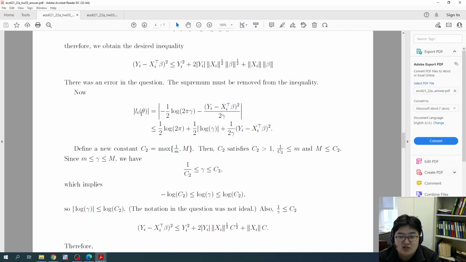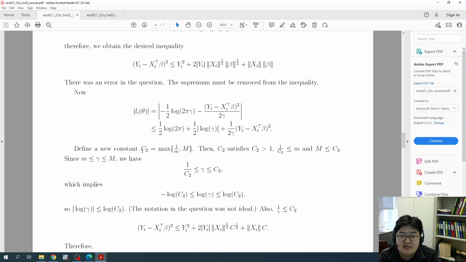Just annoying bounding. Again, the idea is you bound things, and see what you have in the end. And maybe the standard way to show that something is bounded is to show that there exists a constant that bounds it.